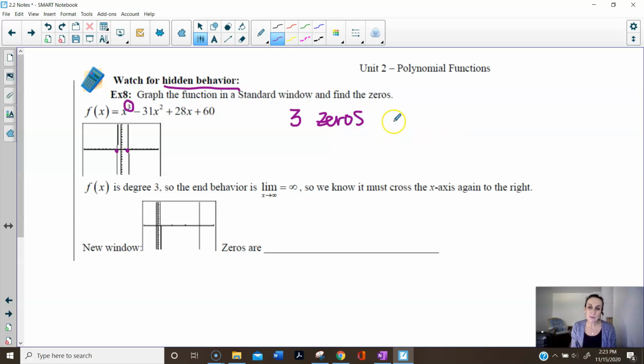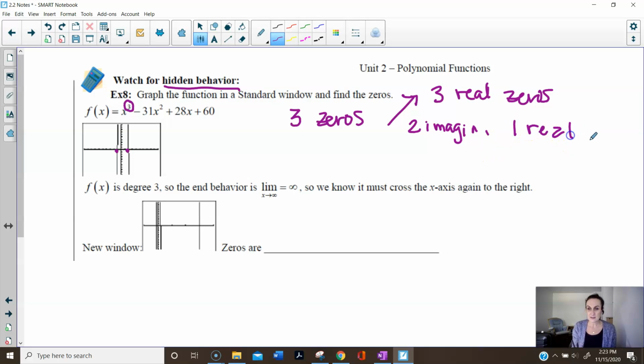Your choices with 3 zeros are 3 real zeros, or 2 imaginary zeros, because imaginaries always come in pairs, and 1 real zero. Because I already see 2 real zeros, I know that my choice has to be 3 real zeros based on that degree of 3.